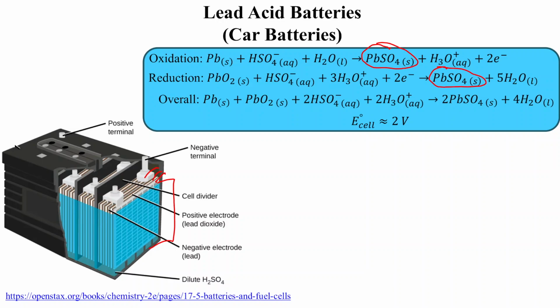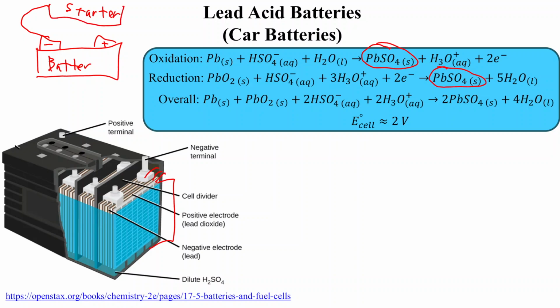So when we are using this battery, we'll go ahead and draw up our little battery here. All right, now our negative terminal, our positive terminal. So we're going to have electrons flowing from our negative terminal to our motor, or we could say to our starter of our car.